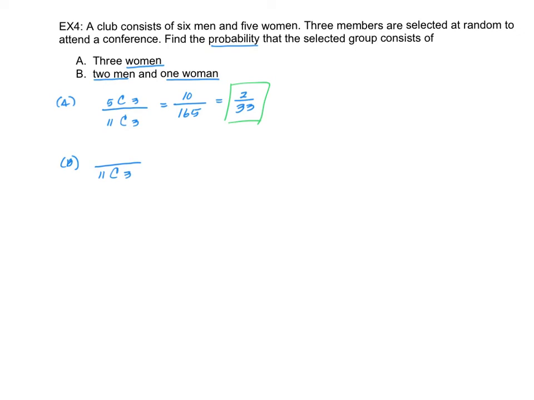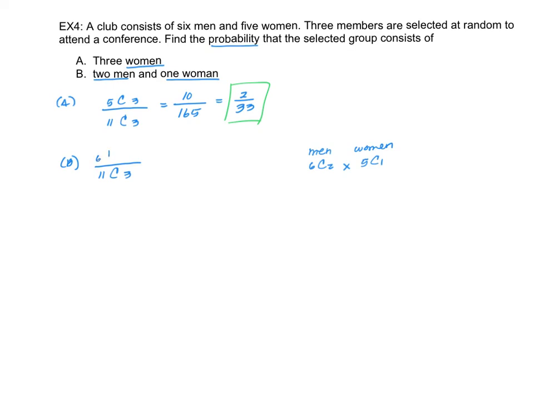So there's 2 groups there. To choose the men, I'm choosing 2 out of 6. Order doesn't matter, so it's 6C2. To choose the women, I'm choosing 1 woman from 5, so it's 5C1. And then you would multiply those 2 groups together to get your numerator.